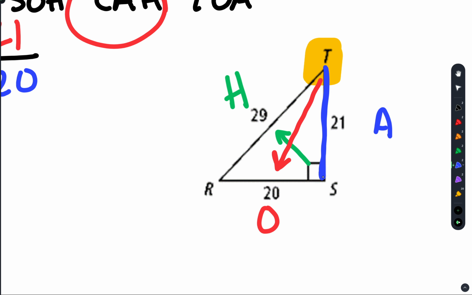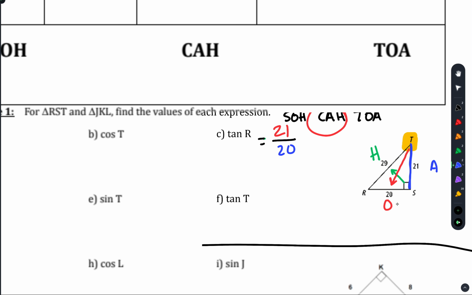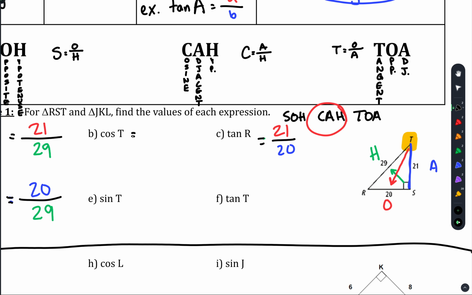Okay, got our labels? So now I'm going to write my ratios. Let's start with letter B. What do we think for our ratio for letter B, cosine? 21 over 29. A for adjacent over H for hypotenuse.